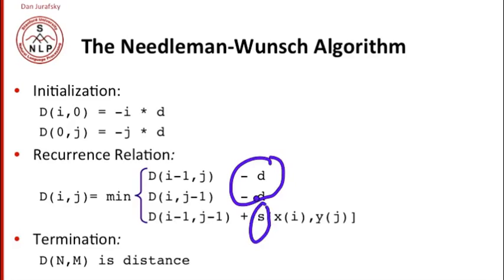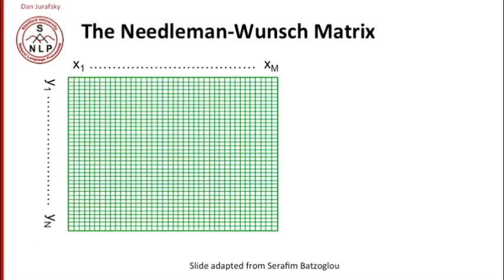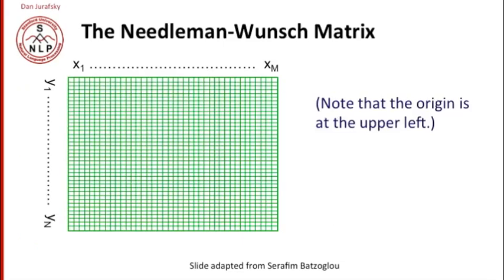In biology, we'll talk about a positive value for things that match, and a cost for deletions and insertions. So here's the Needleman-Wunsch matrix, and notice that as opposed to what we did in natural language processing, in computational biology we put the origin at the upper left.